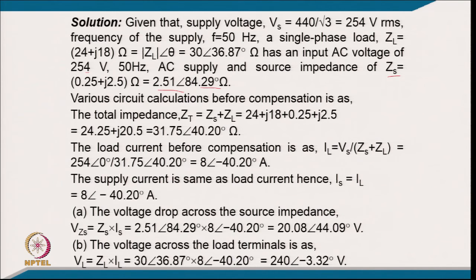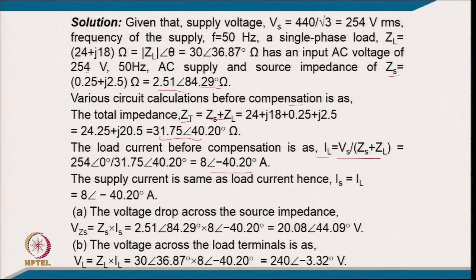Before the compensation, we can find the total impedance ZT, source impedance plus load impedance, which comes to 31.75 ohm at the angle of 40.20 degree, and the load current before the compensation will be IL equal to Vs upon total impedance Zs plus ZL.